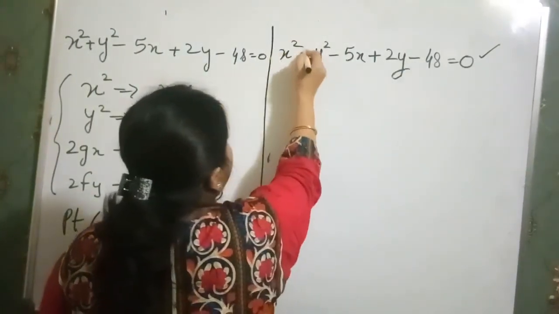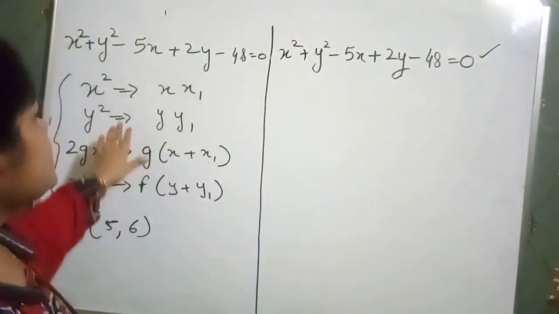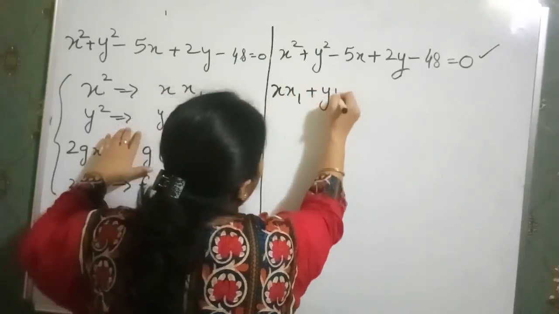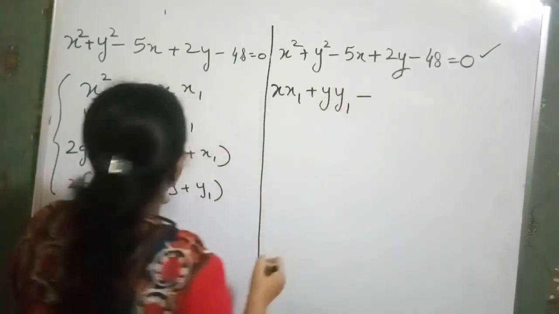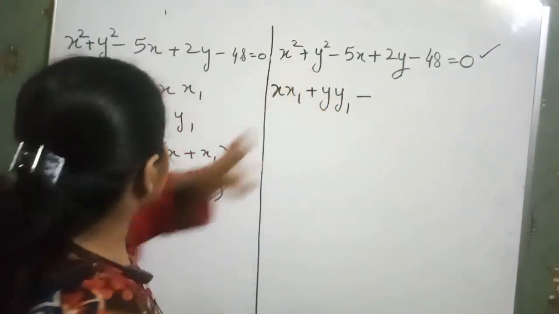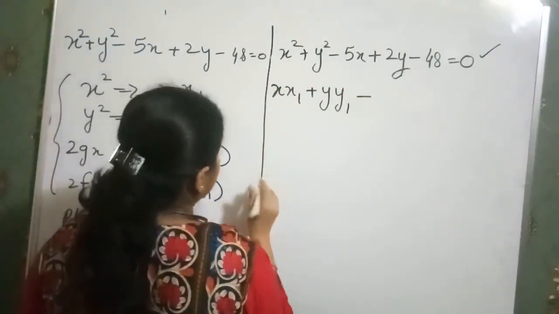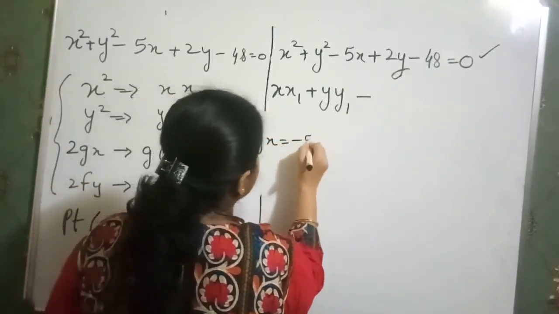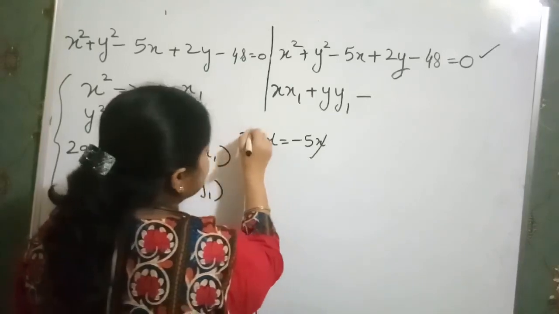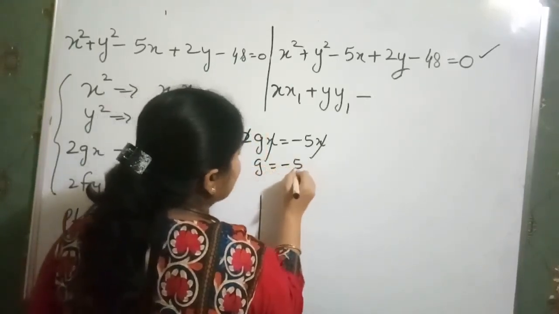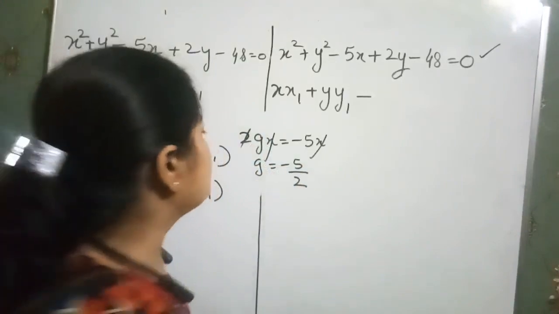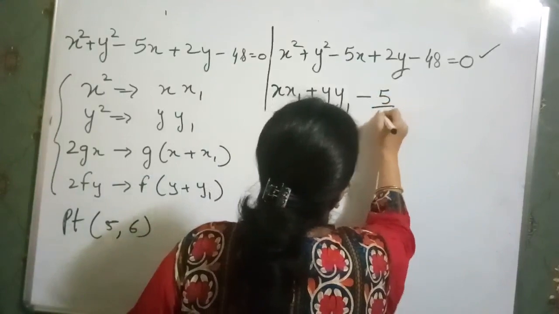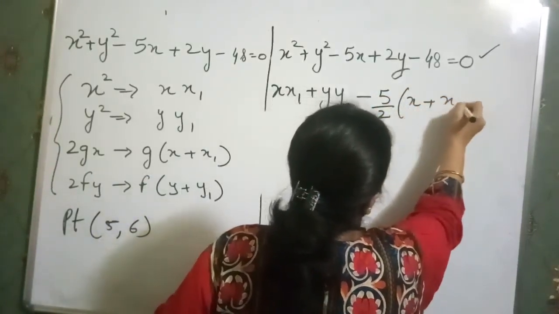According to this format, the equation of tangent is x x1 plus y y1 plus g times x plus x1 plus f times y plus y1 plus c is equal to 0. Comparing, 2gx is equal to minus 5x, so the value of g is equal to minus 5 upon 2. So it becomes minus 5 upon 2 times x plus x1.